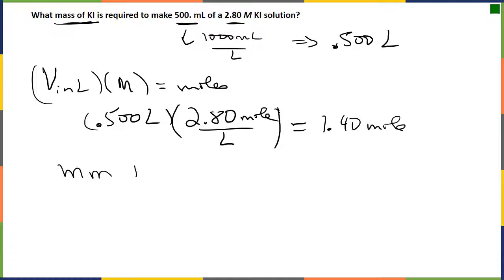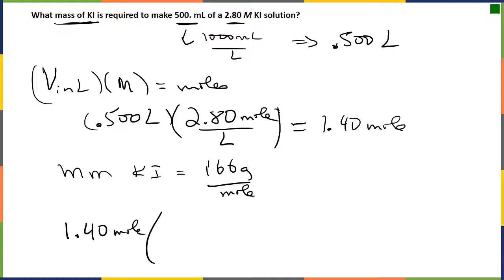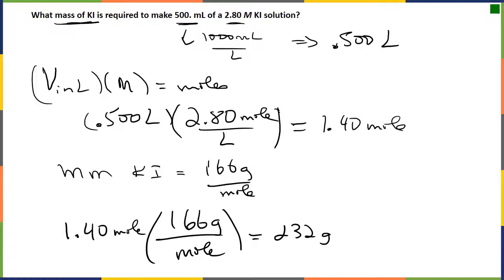The molar mass of potassium iodide, we can look at the periodic table and calculate this, and this is 166 grams per mole. To go from moles into grams, we multiply by molar mass, so 1.40 mole multiplied by 166 grams per mole is going to give us a total mass of 232 grams of potassium iodide in that 500 mLs of solution.